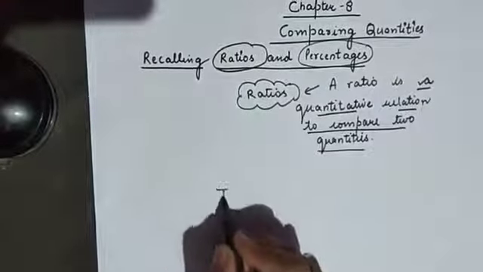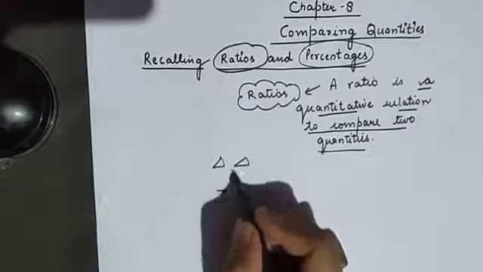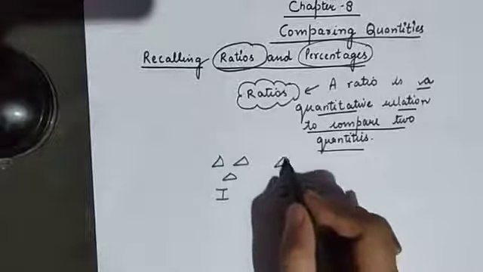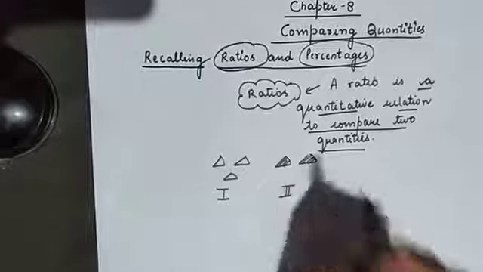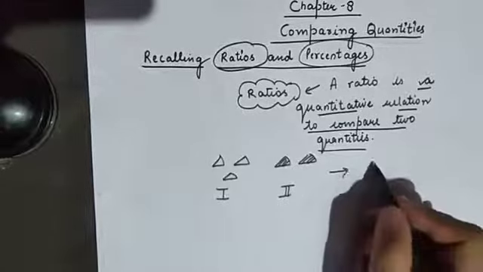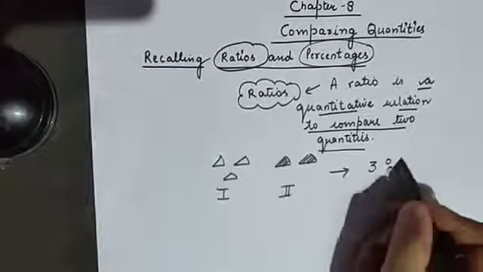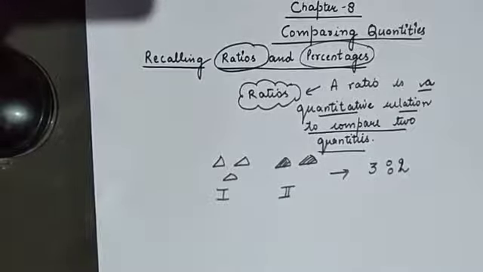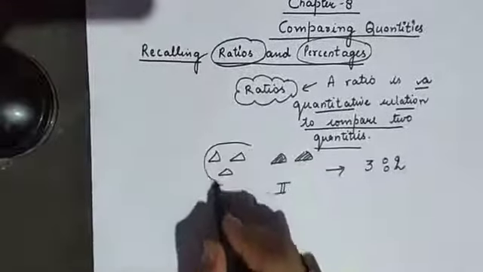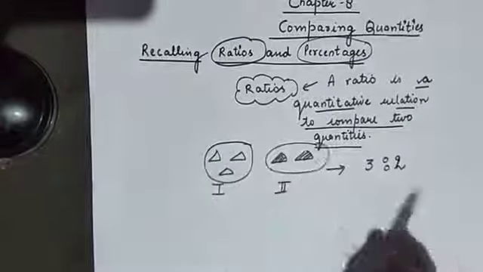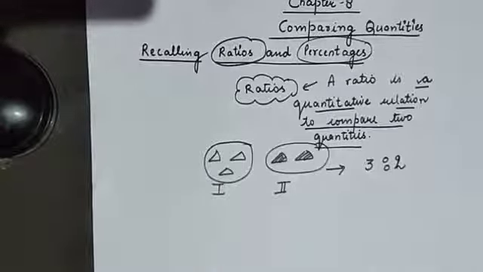For example, I have quantity number 1, that is 3 triangles here, and quantity number 2, that is 2 shaded triangles here. Its ratio will be 3:2. Why 3:2? Because the number of triangles in the first quantity is 3 and in the second quantity is 2. So that's why it is called 3:2 here.